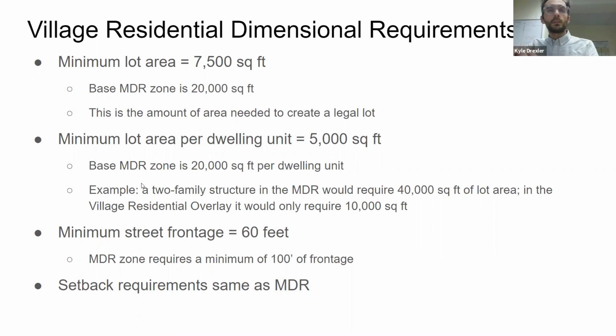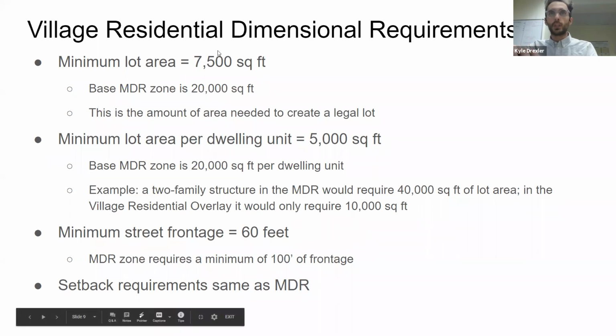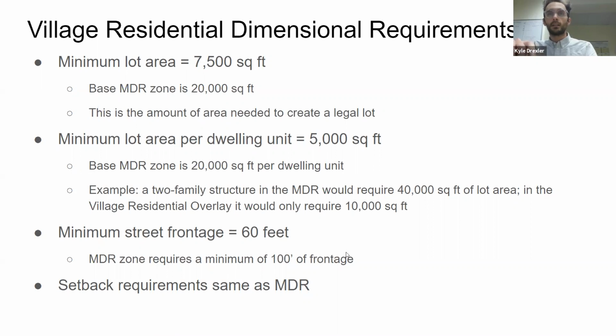Moving on to street frontage. Right now, the MDR, the base zone, requires a minimum of 100 feet of frontage for a lot. So that's really what guides the size and the shape of the lots, between the overall lot size and the lot frontage or lot width.